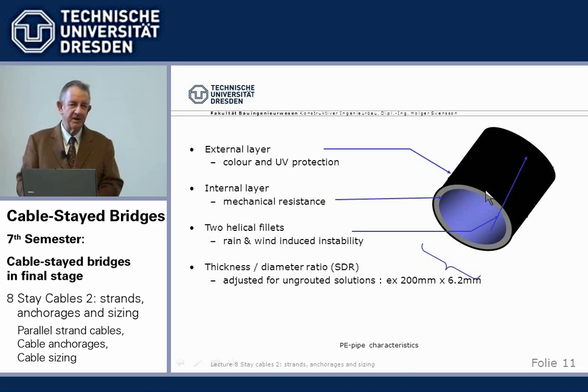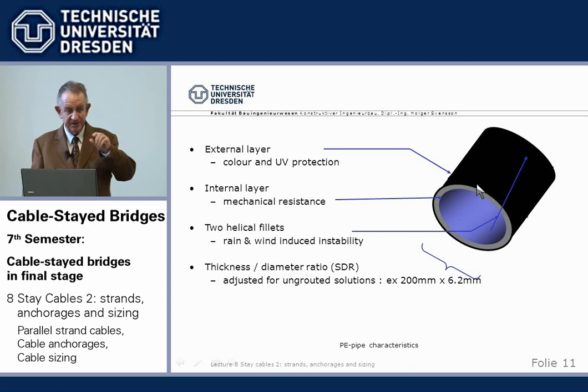You'll hear about that in a later lecture. And the thickness for the parastrand PE pipes is less than for the grouted PE pipes of the parallel wire, because there is no grout.